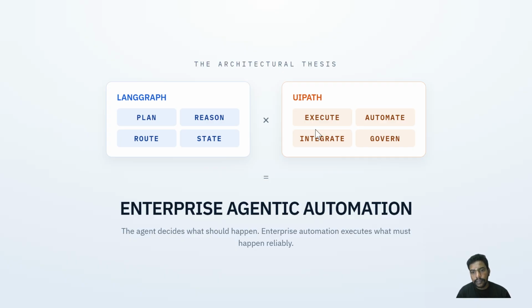It means a bad reasoning step produces a wrong decision, not a corrupted ledger. And it means when the auditor asks what changed in the system of record, you point at a job log with an execution ID, not at the chat transcript.